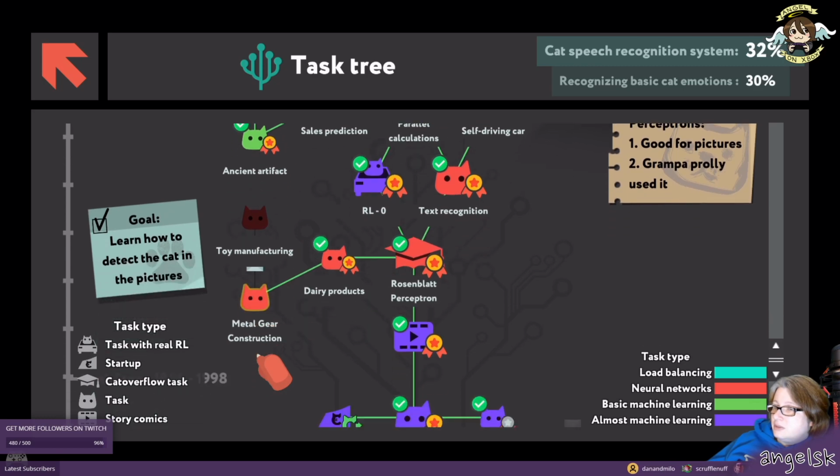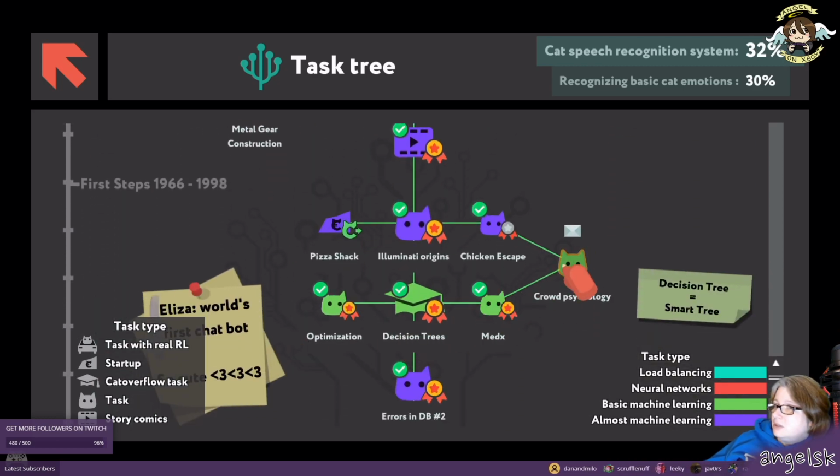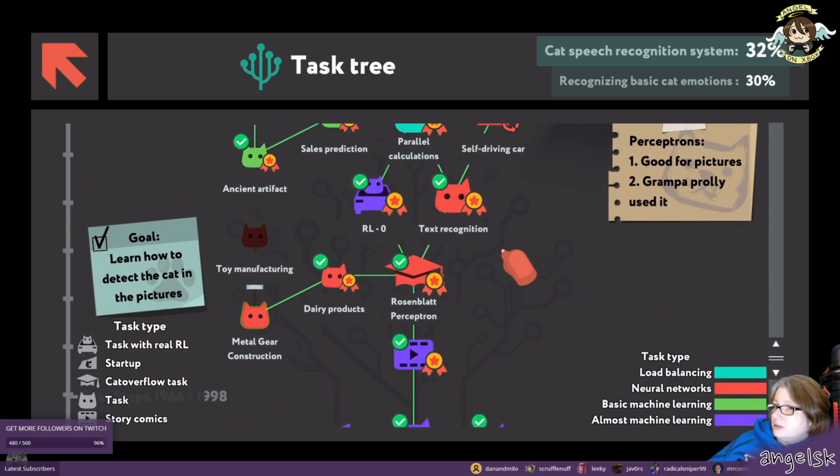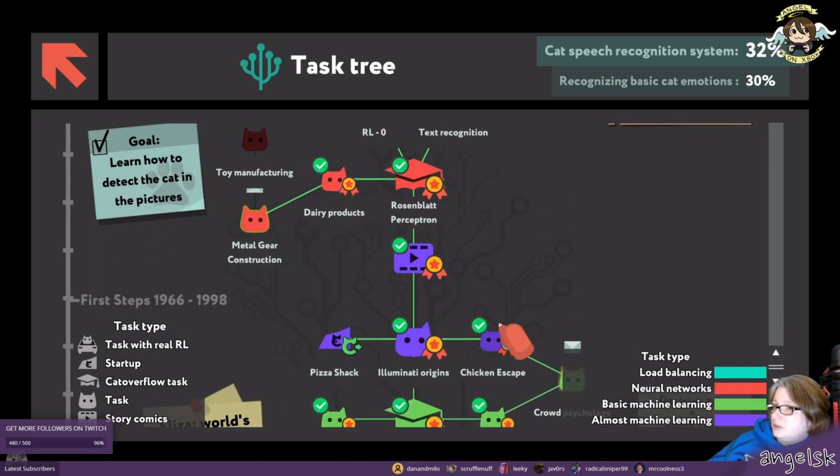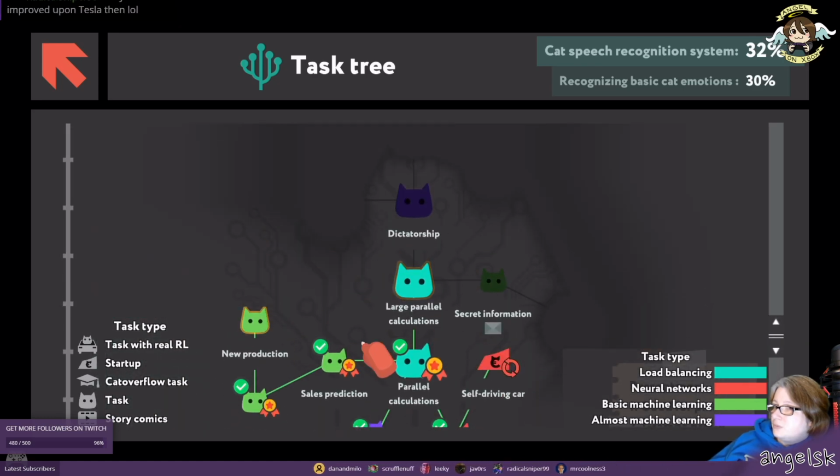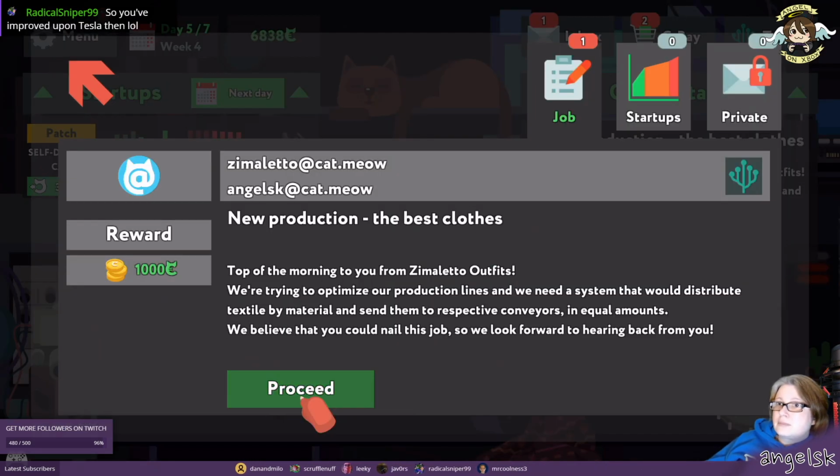Can't get there until we've done that. I've improved upon Tesla. I mean, still, red lights.